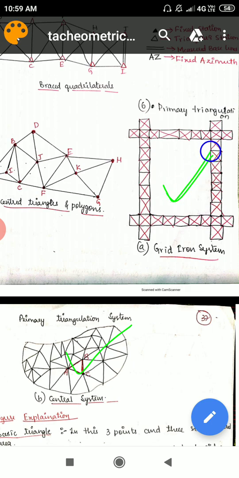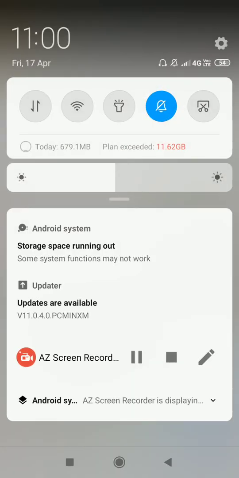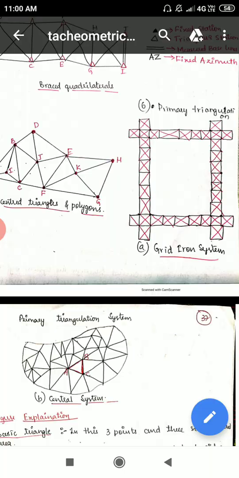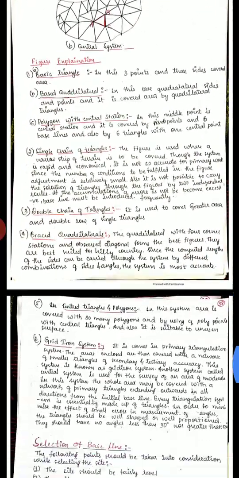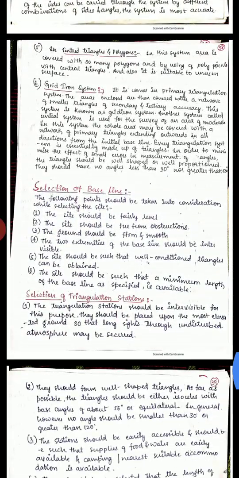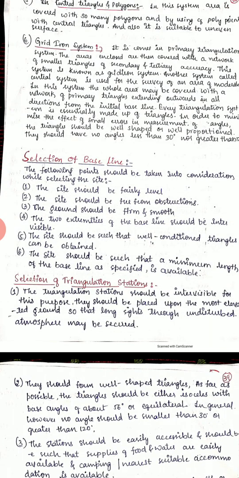In these cases, the entire area is covered by triangulation, and in the intermediate or central part, one triangle is formed, that is nothing but the central system, and also it covers a large area, that is nothing but the primary triangulation system. Okay, so after that, next point is selection of baseline.